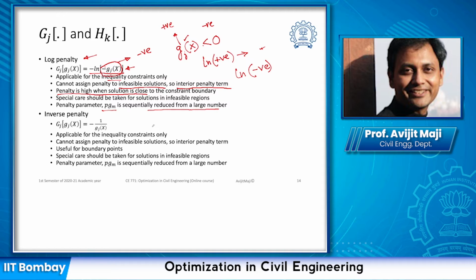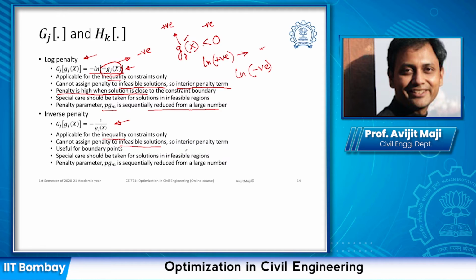Another type of inequality constraint penalty function is the inverse penalty, which is represented like this. It is also applicable, as I said, for the inequality constraint, and this function also cannot assign penalty to the infeasible solutions.